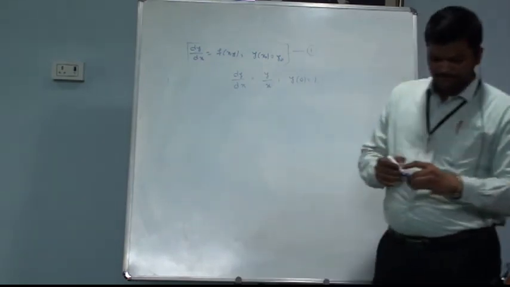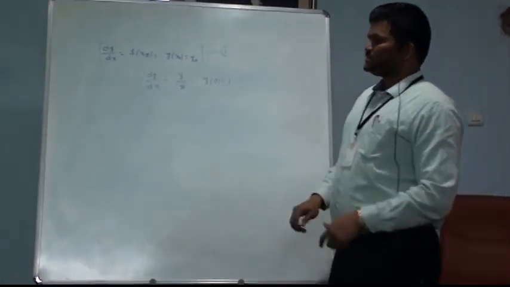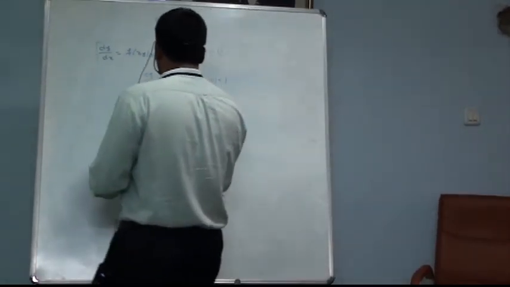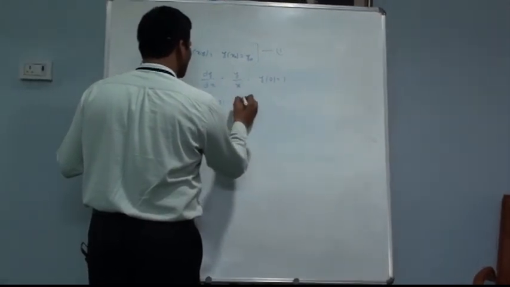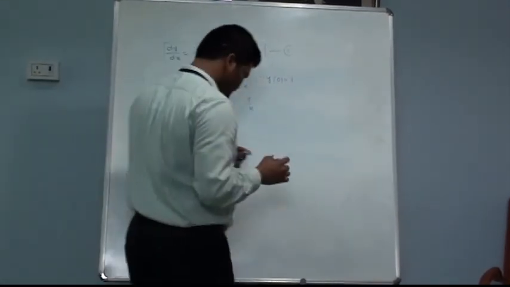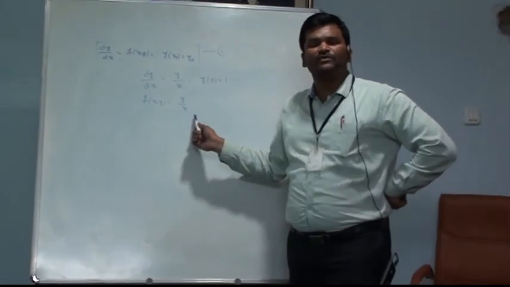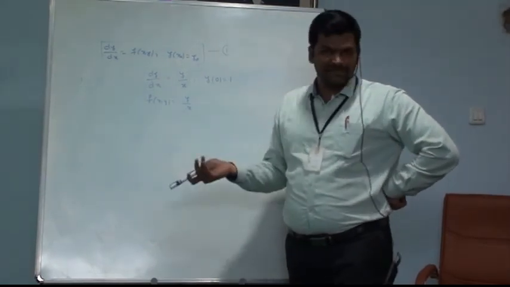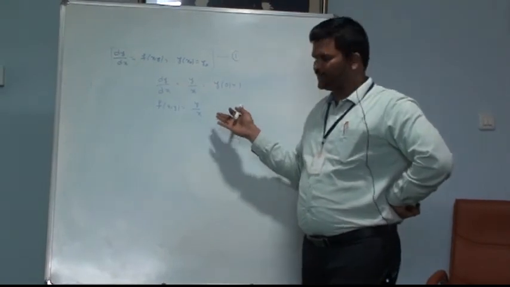Very important problem. Here f of x, y is equal to y by x. Now tell me, is y by x defined everywhere? No, because there is x in the denominator. If you substitute 0, it is not defined.